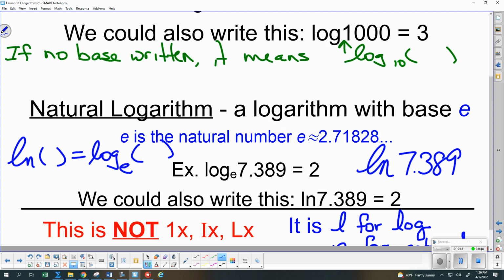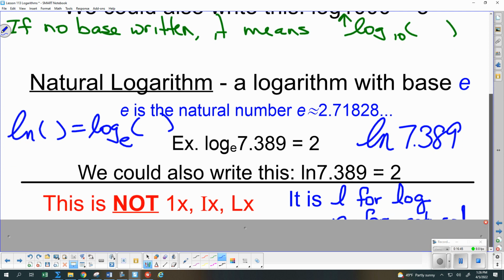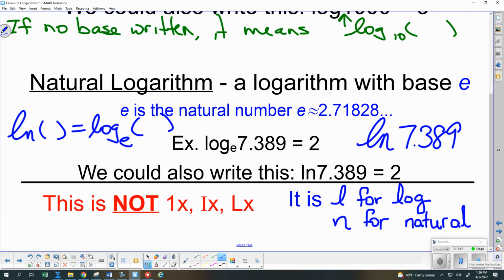Now, I'm going to warn you right now. Got to fix my typo here, too. I do not want to see any one ends or capital I ends or even capital L ends. This is not a 1. This is not an I. It is a lowercase l for log and a lowercase n for natural. ln means log natural, natural log.